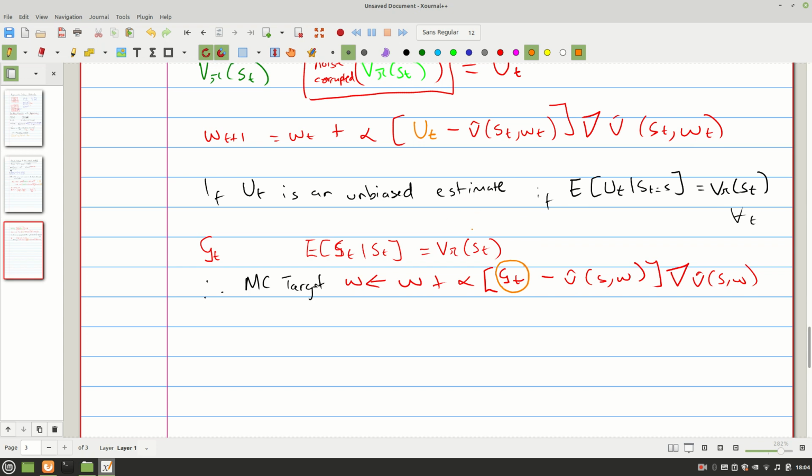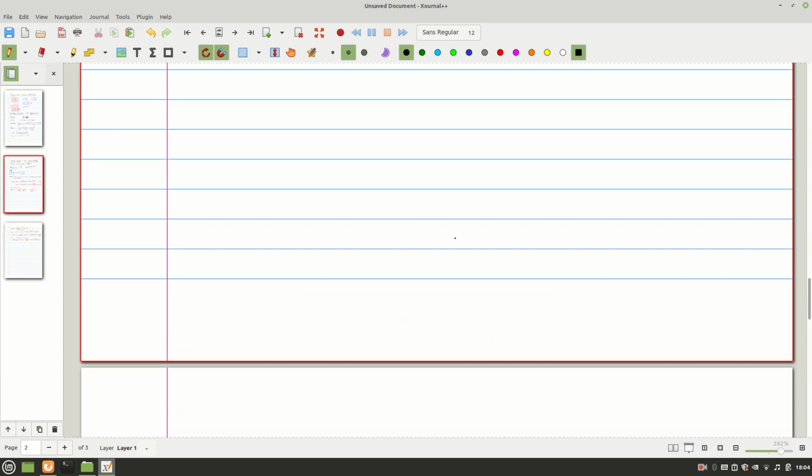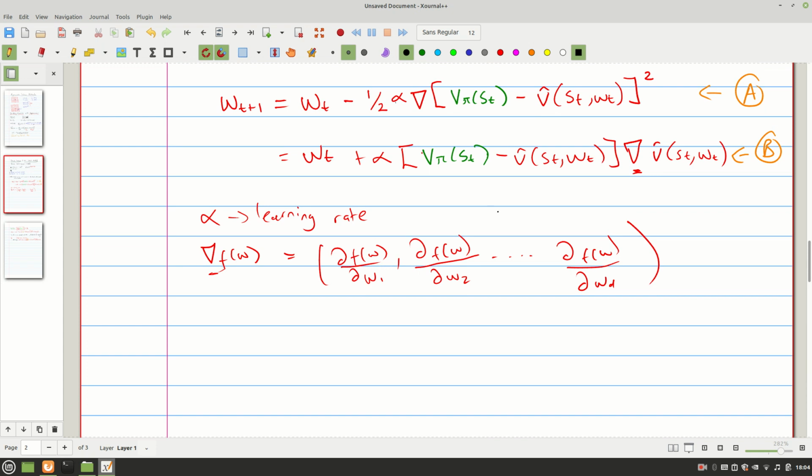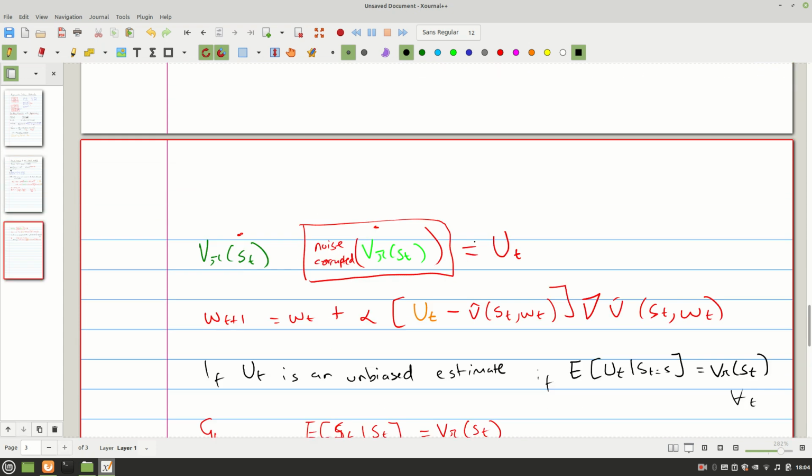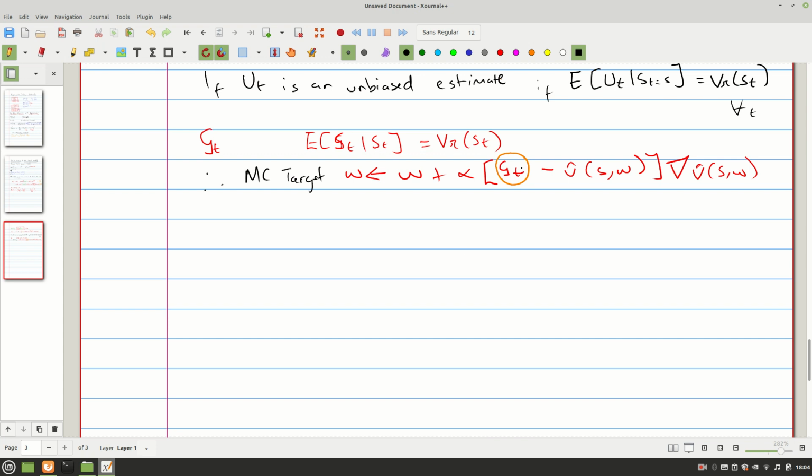Therefore, W is definitely guaranteed to converge. So in the case of Monte Carlo, this is okay. We don't need to have the very true value. We can just use the Monte Carlo target from a particular state, and it should be okay.